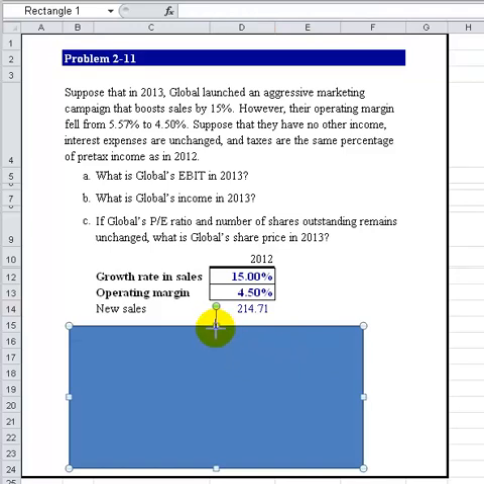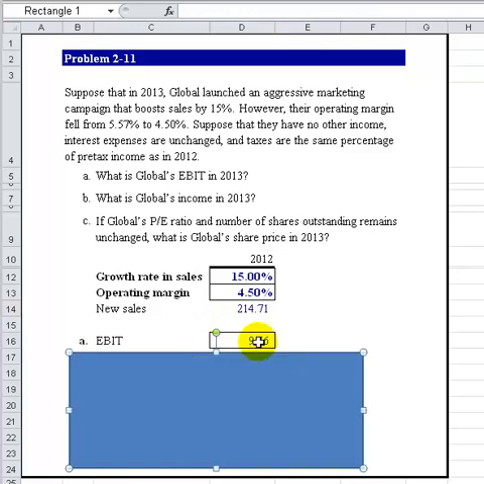Next thing we want to figure out is what's earnings before interest and taxes. Let's look at this formula. We're going to take D14 times D13. D14 is new sales, and we're going to multiply it times our new operating margin. That's how we derive earnings before interest and taxes.